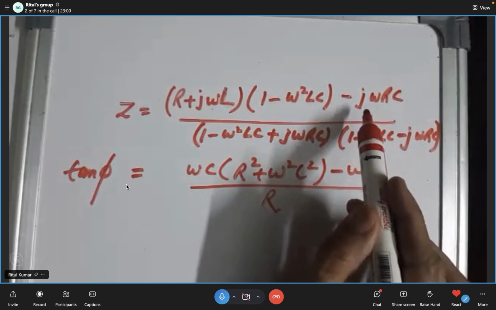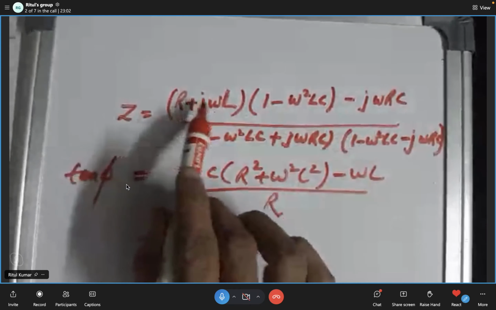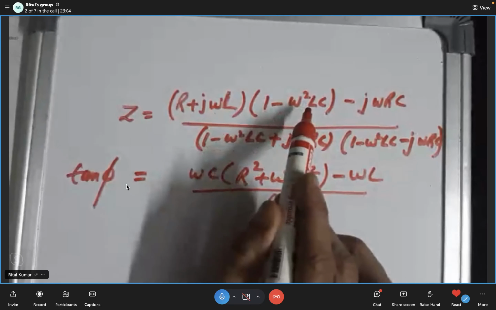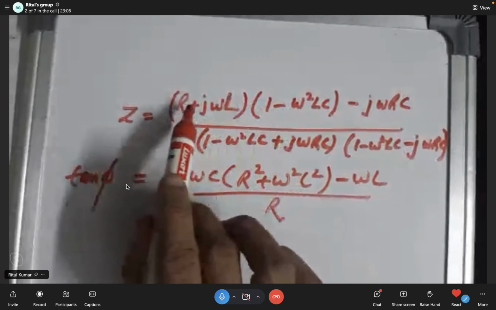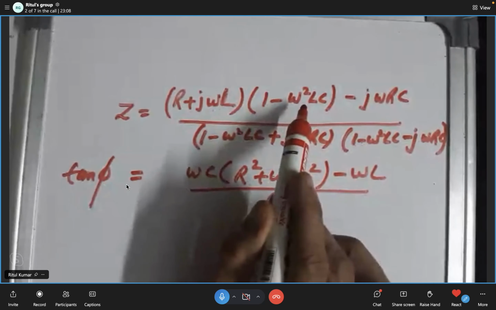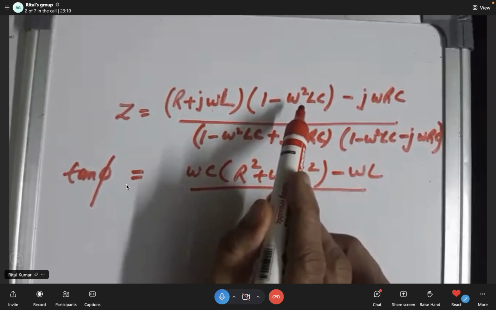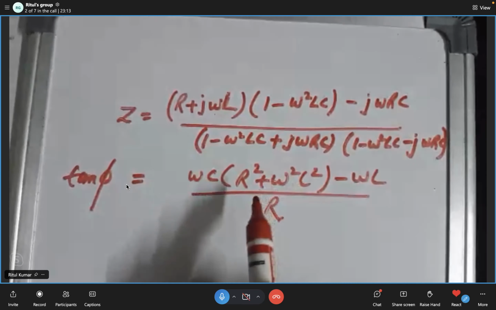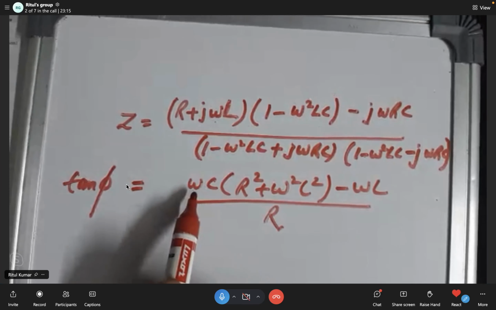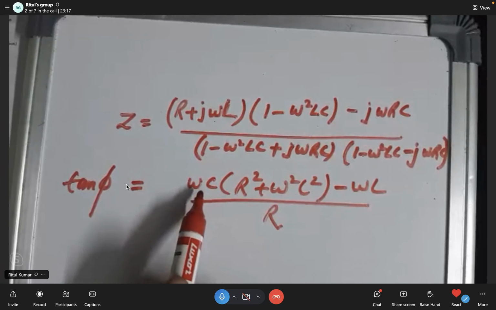I have to firstly multiply it, right? Yeah, so we can just multiply the J part, because the expression in the parentheses does not have a J. So we just multiply omega L times 1 minus omega squared LC.